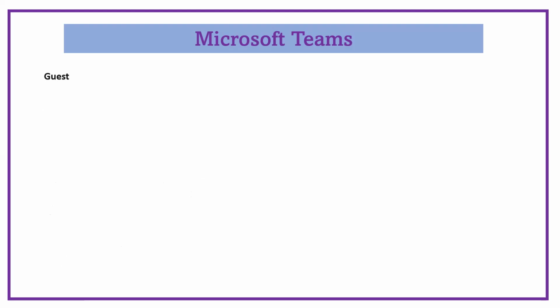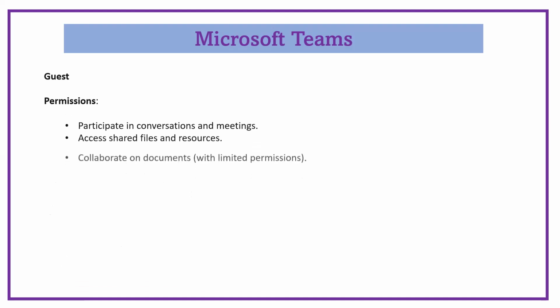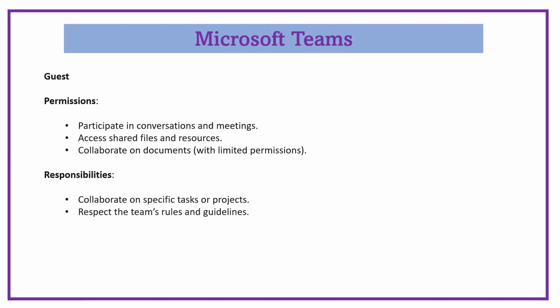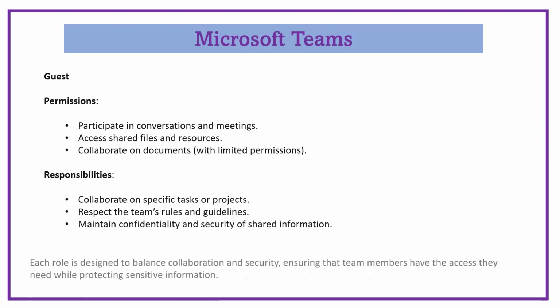Additionally, we are going to discuss the guest role as well. What permissions would a guest have? Participate in team conversations, access shared files and resources, collaborate on documents with limited permissions. Responsibilities: collaborate on specific tasks or projects, respect the team members' rules and guidelines, maintain confidentiality and security of shared information.